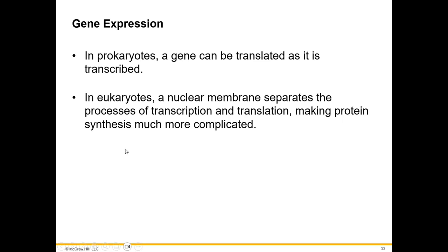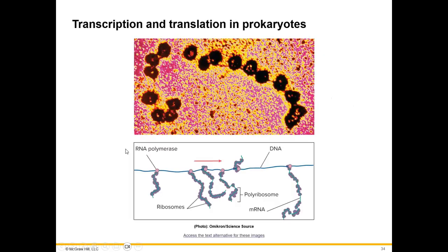And that makes us much more complicated in our process. Here you can see just an example of that kind of one and done transcription and translation in prokaryotes. We've got RNA polymerase and ribosomes making our RNA copies of that DNA information.